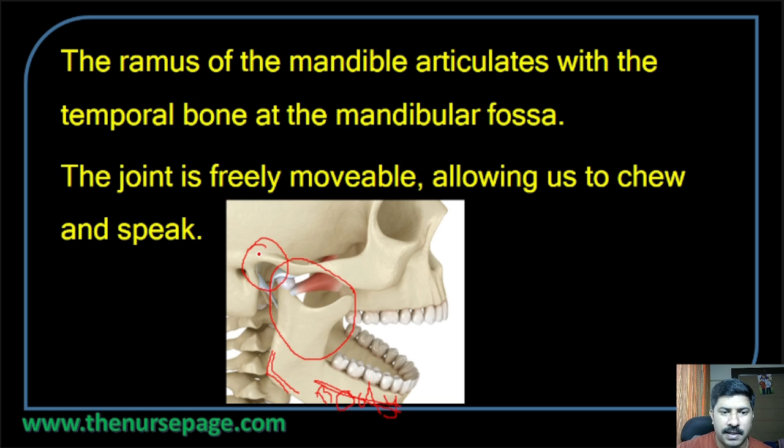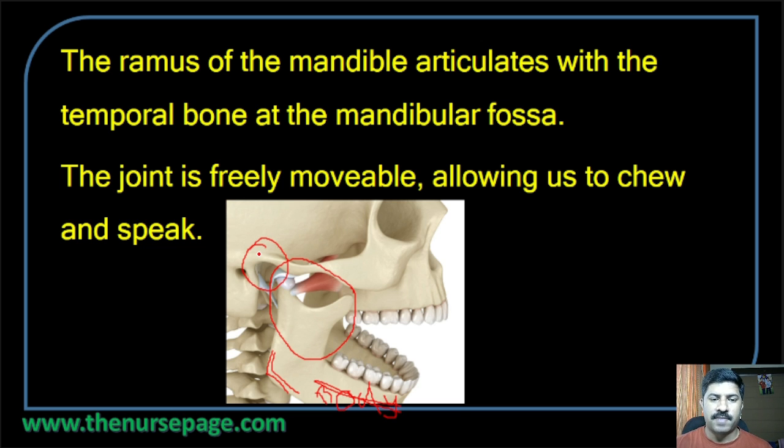The mandible joins there and forms the temporomandibular joint. It helps the movement of the mandible, which helps us to speak and chew. The food items we can chew only with the help of the mandible.